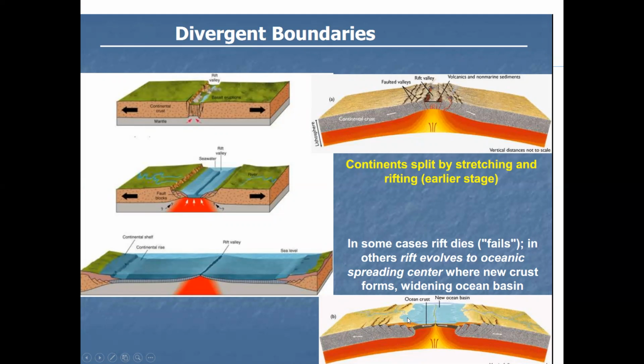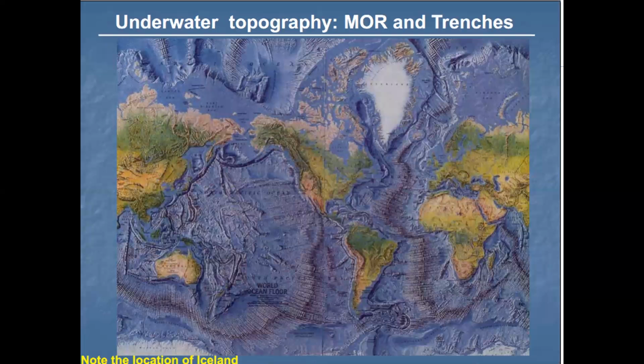When these two plates move away from each other, it results in ocean floor spreading. So a new ocean would be created, for example, what has happened between Africa and South America. When these two plates moved away from each other, the ocean started spreading and then took over. So that is a diverging plate boundary.